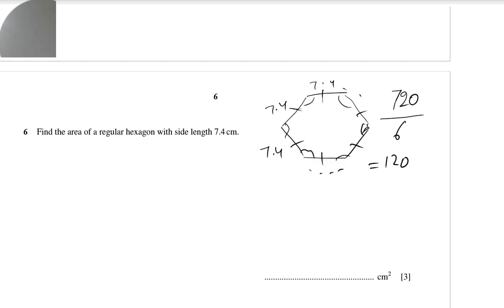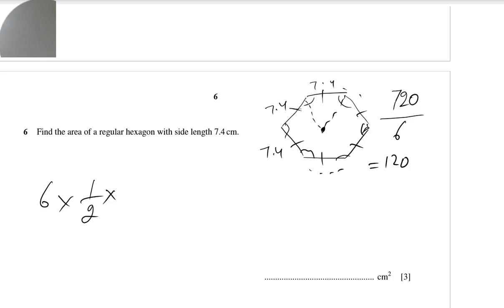So if this is the center, it might give us an equilateral triangle. If we find the area of one triangle, we can multiply it with 6. So 6 times half AB.